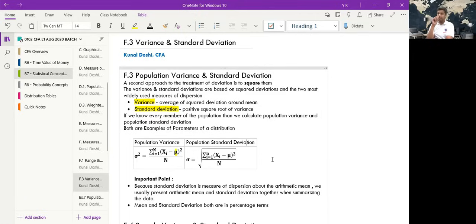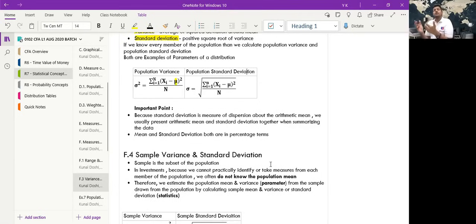No. Why? Because standard deviation comes from the variance. If the variance is not negative, standard deviation can never be negative, isn't it? So these are the things that the CFA Institute may ask. So risk is always a positive number. A variance or standard deviation is always a positive number. It can never be negative. Correct? Everyone?